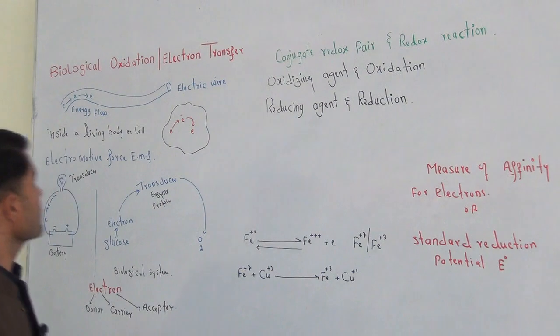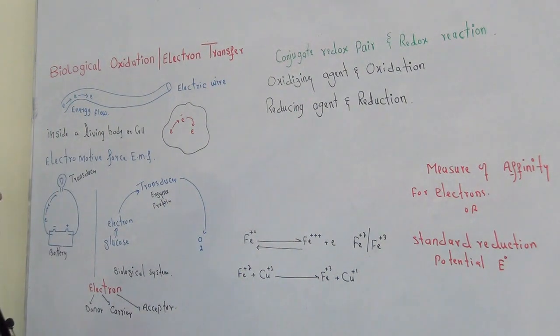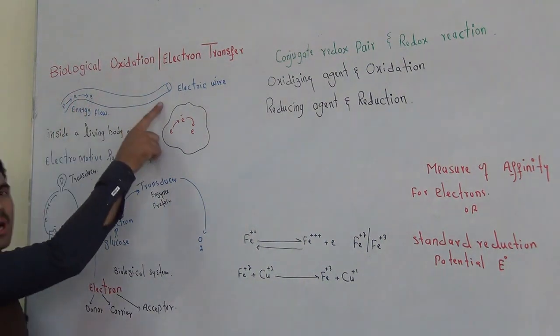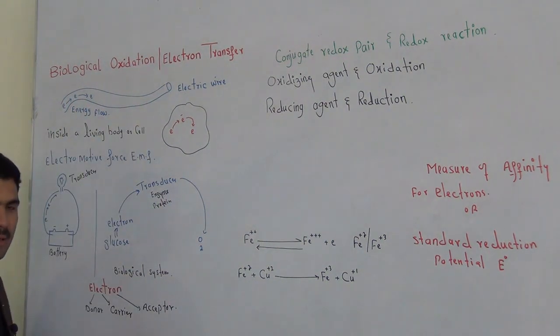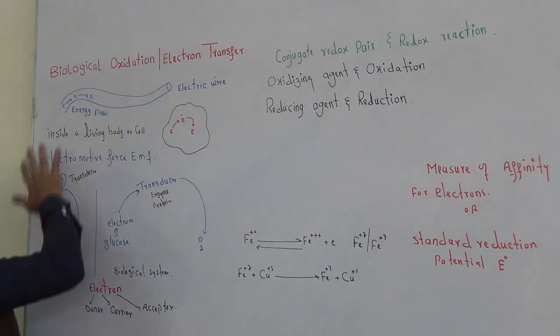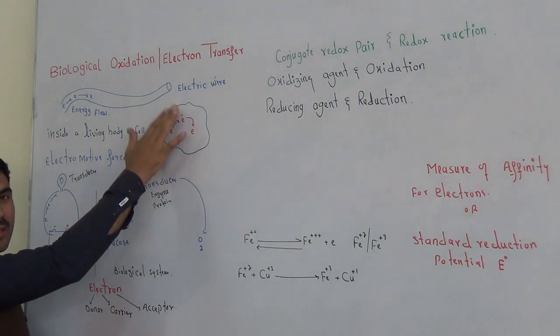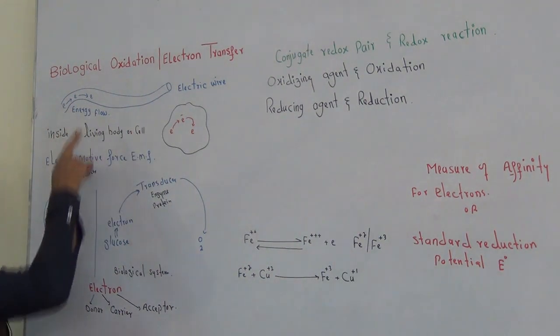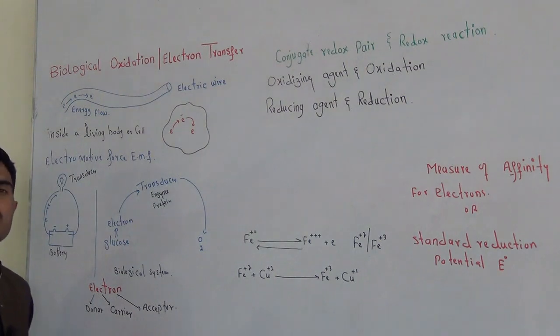So come to the topic of biological oxidation and electron transfer. Here is a wire, any conductor, and when you switch on the button, then something will start flowing in that wire. Actually, this is called current. Everyone knows very well about the current.